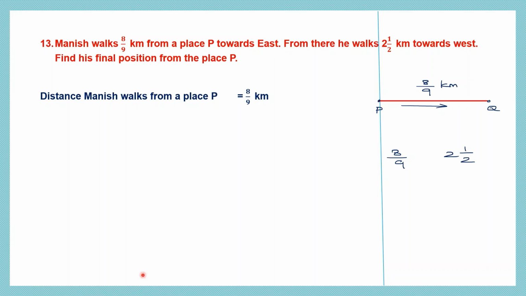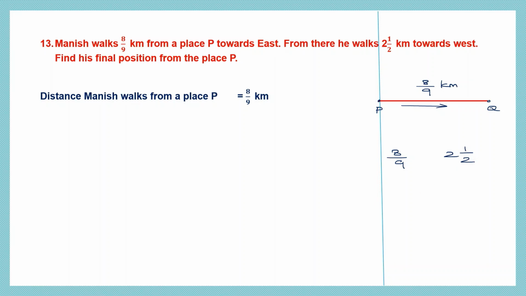Because if 2.5 is greater, that means he has walked beyond P. If 2.5 kilometers is less, that means he has stopped before P. Okay, because the final question is find his final position from P. So from P, did he go further or did he stop before? So we need to find out if this is greater or smaller.